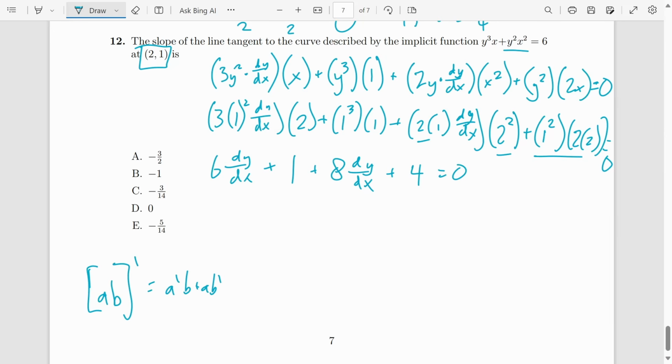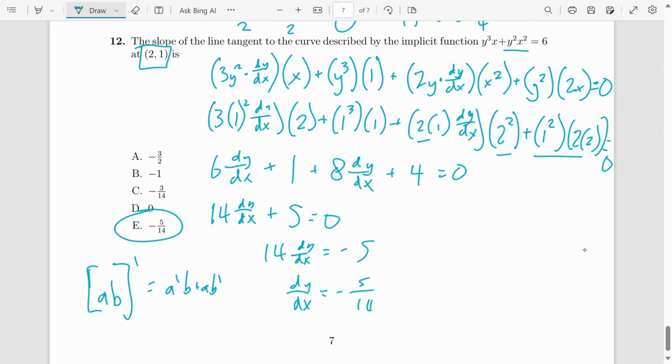Merging everything, we get 14 dy over dx plus 5 equals 0. 14 dy over dx equals negative 5. And dividing both sides by 14, we get dy over dx equals negative 5/14. There we go. Full exam done.